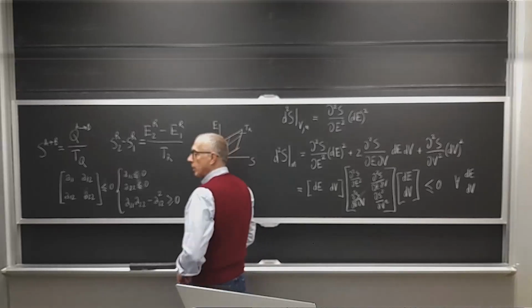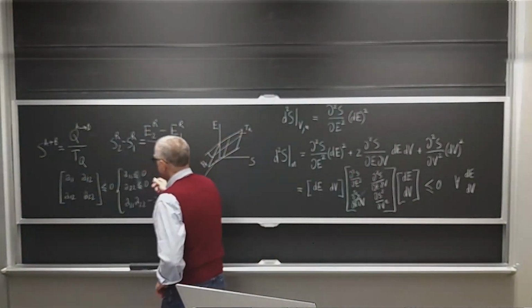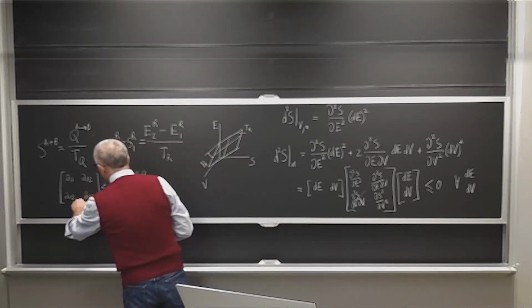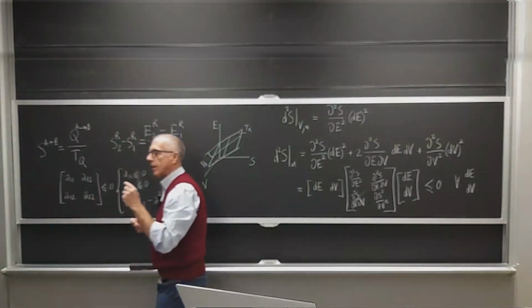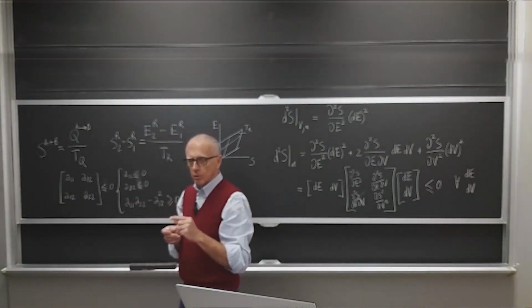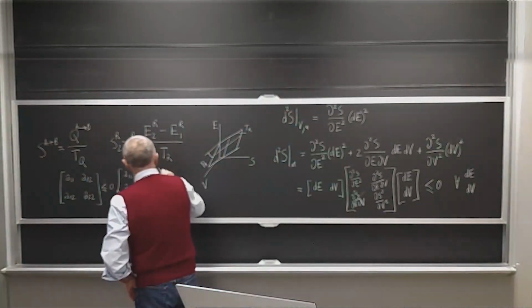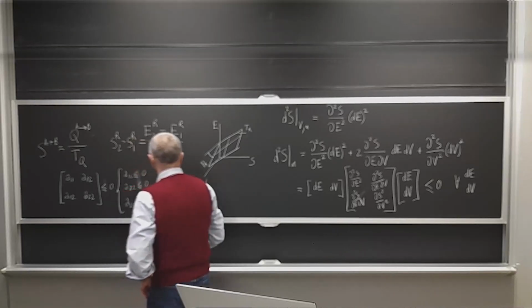Not for a 2 by 2 matrix. Because you see, the more fundamental property of a negative semi-definite matrix is that its eigenvalues are all negative. Let's call them lambda. So lambda 1 is less than 0, lambda 2 is less than 0.